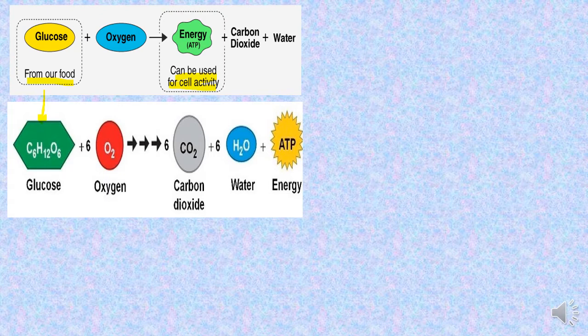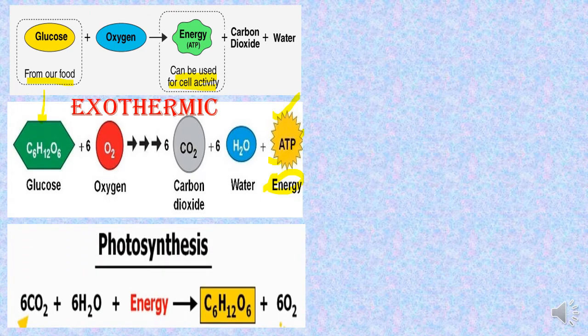Glucose, C6H12O6, plus O2 produces CO2 plus H2O plus energy. Here, as we know, the energy is stored in the form of ATP. So, in place of energy, we can also write ATP. Now, can you tell me what kind of reaction is it? Correct, it is an exothermic reaction.